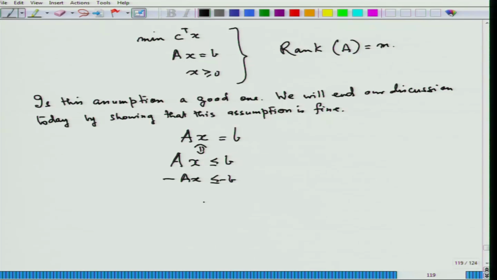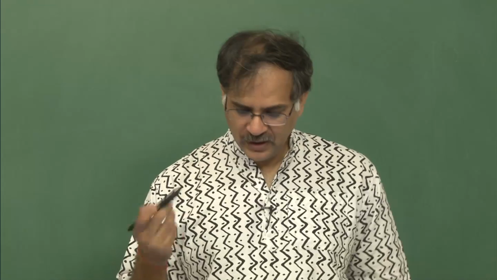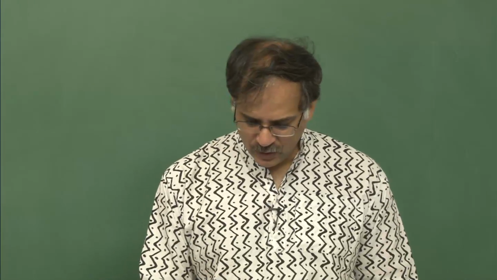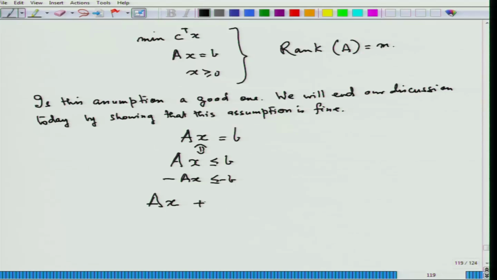So, these two combine to give you that. Now, in both the cases I can apply the law of adding a slack variable. So, I can write this as A x plus s is b, where A is an m by n matrix, and minus A x plus t is minus b, where s and t are greater than or equal to 0.